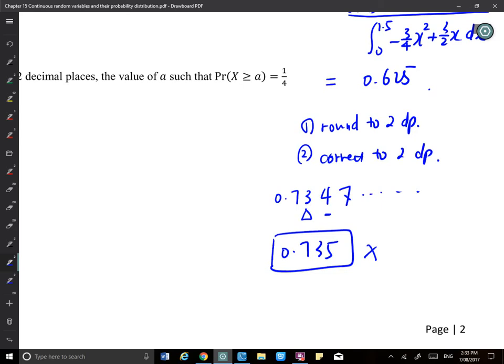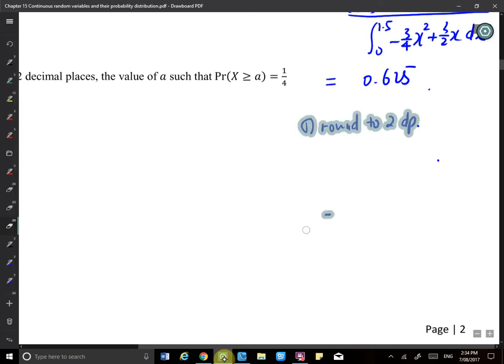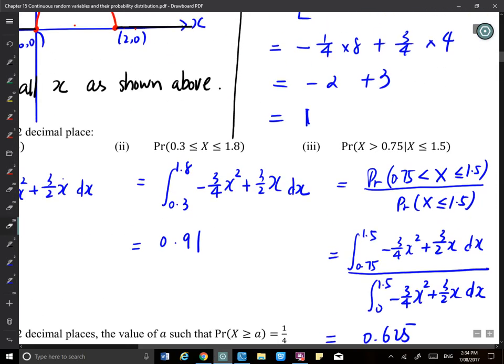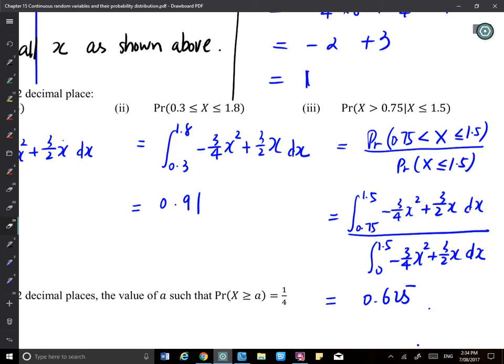So the point I want to say here is try to make 2 decimal places. If asked for 2 decimals, just give 2 decimals and make sure that's a correct number. But as I said, I must let you know there's a difference between rounding and correct to. That's why when I answer this question, I can give 0.625, because if I correct to 2 decimal places, that's still correct.